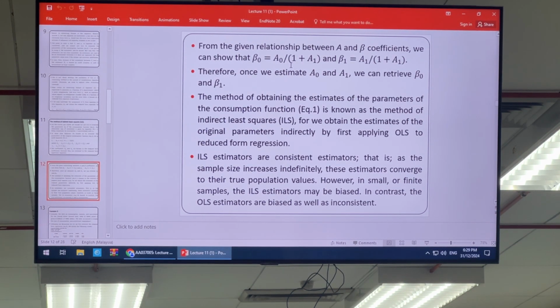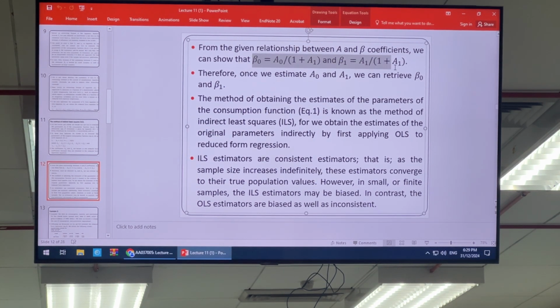From the given relationship between the A and beta coefficients, we can show this, but I will not show it. It is quite tedious to do. But later when we do the lab session, I will show you how, after you estimate the reduced form equation, to use the estimates to calculate and get the estimates for the coefficients in the original equation.